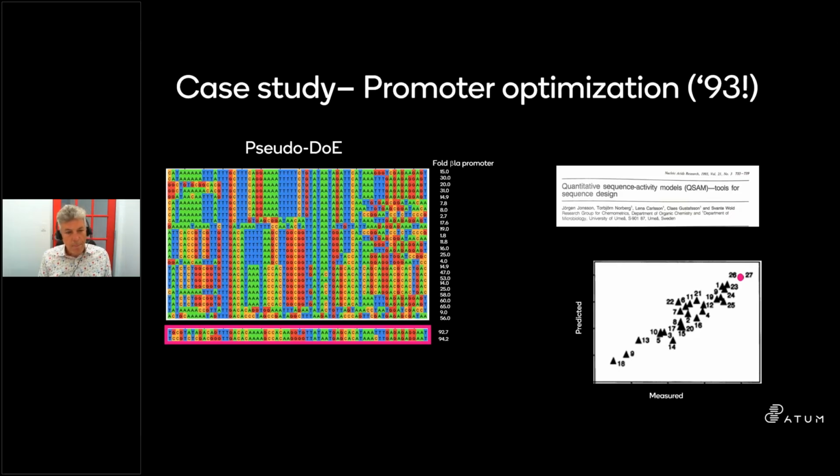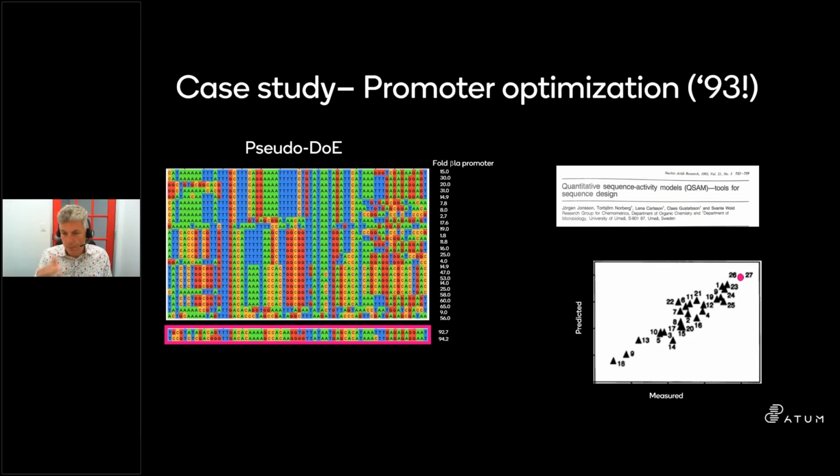So we took those, and with quite a lot of effort back in those days, '93, synthesized those promoters, put them in a vector, and then measured activity as a function of how improved they were over a beta-lactamase promoter sitting on the same vector, and then measured that in E. coli.